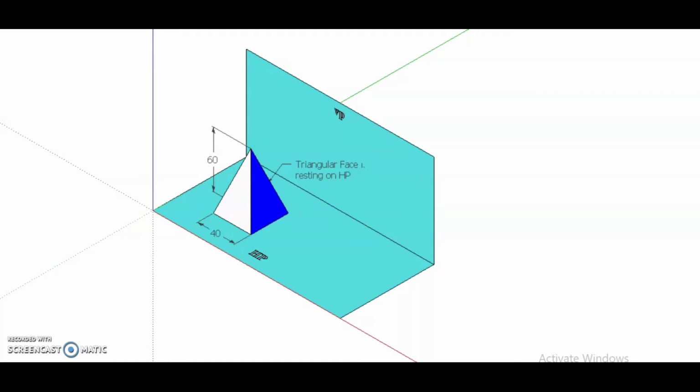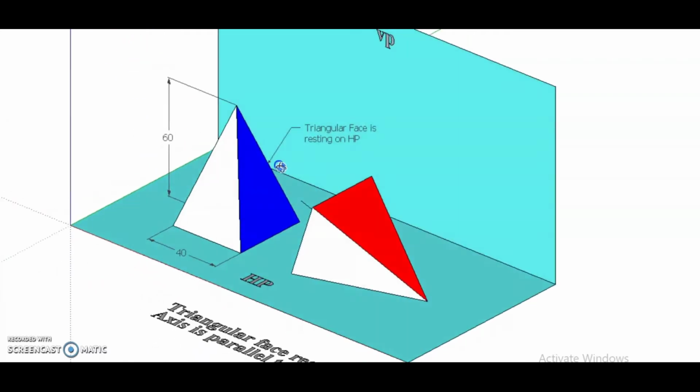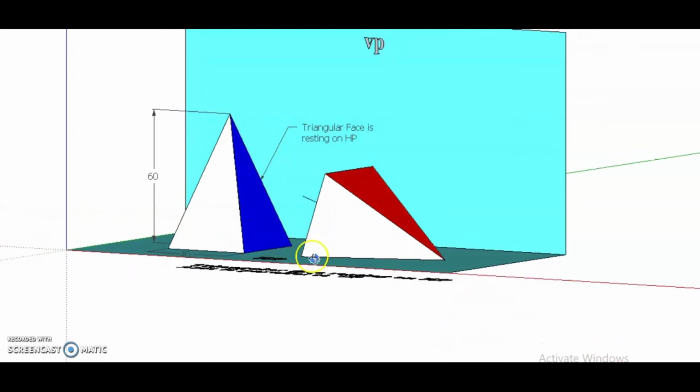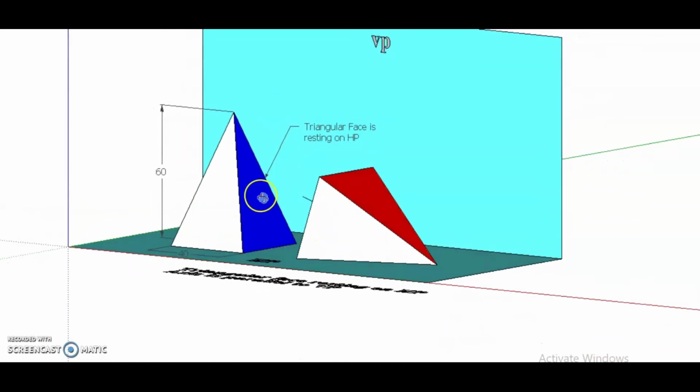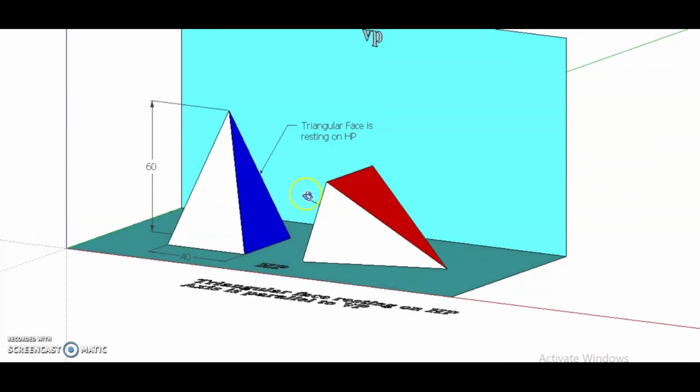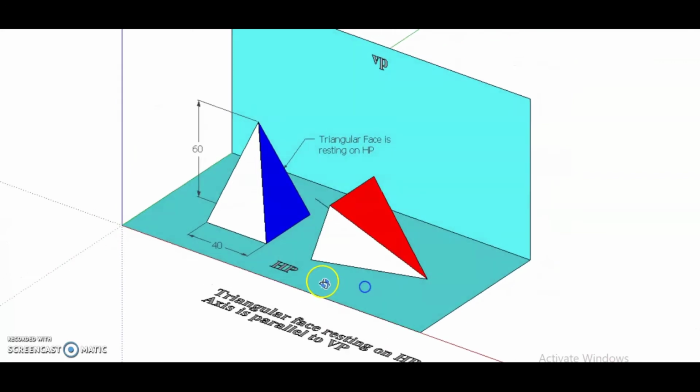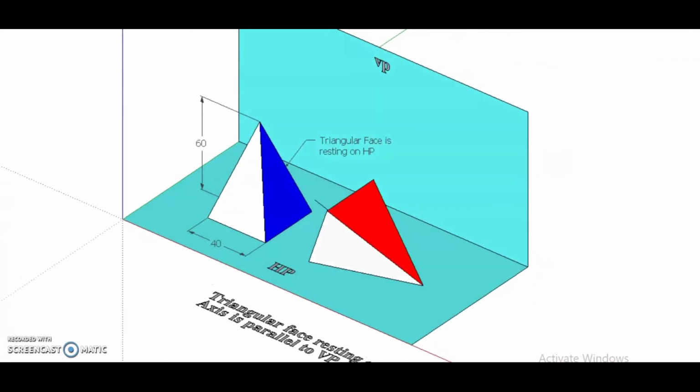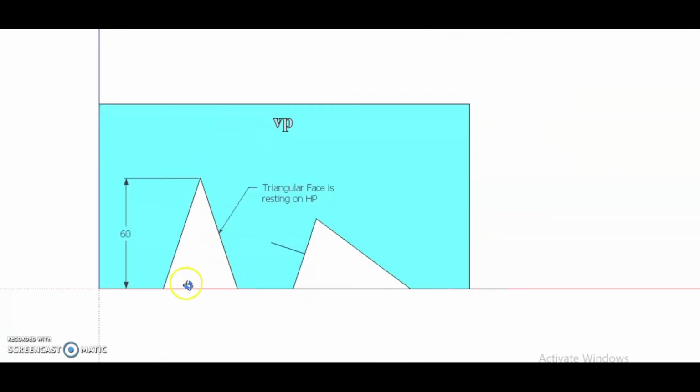So this blue colored triangular surface is fully resting on HP, provided that its axis should be parallel to VP. So its front view will appear like this one. Simply we have to redraw this front view in this inclined condition. Then its top view will appear like this one.